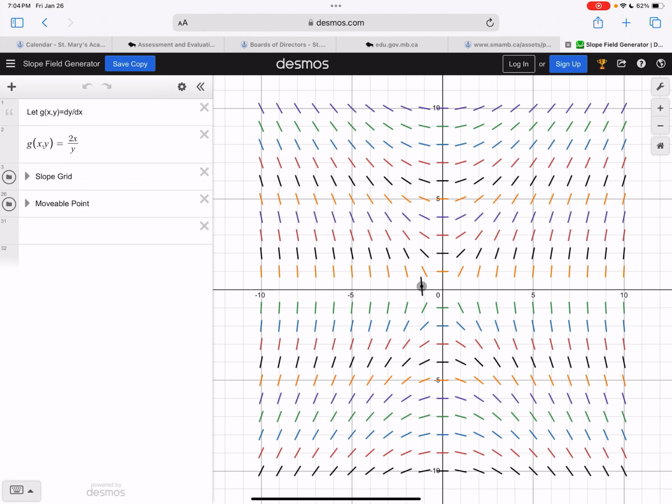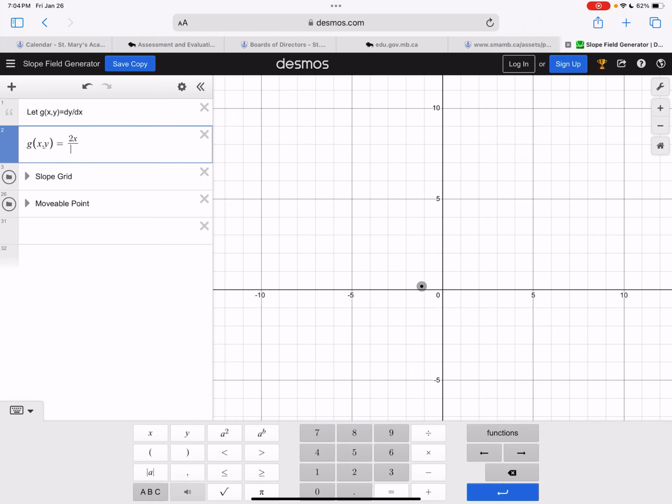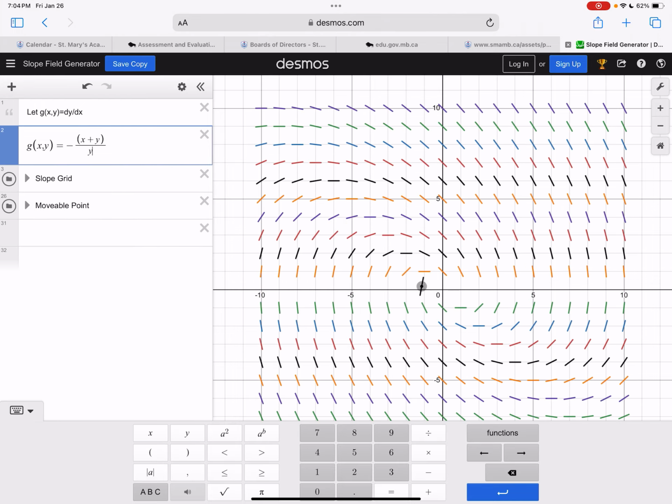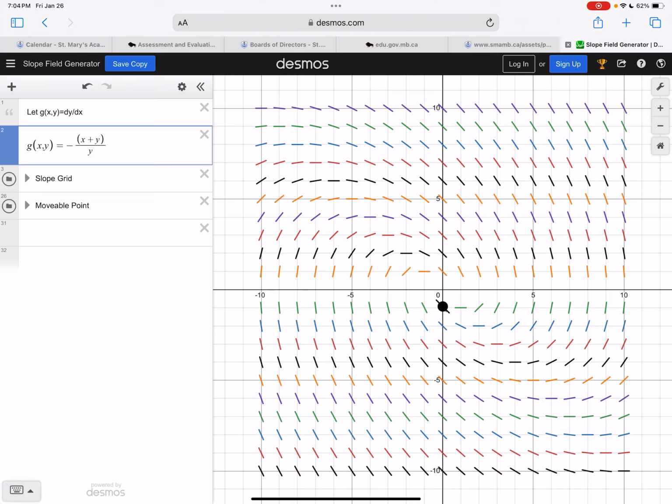It defaults to dy dx is 2y over x in here, but you can put other things, right? We just put it as negative of x plus y divided by y, and that's the slope field we got. It also has this little marker that you can drag around anywhere, and wherever you put it, it's going to try and draw the slope at that point. It's really having trouble right in the middle there, isn't it? But it will follow that everywhere.